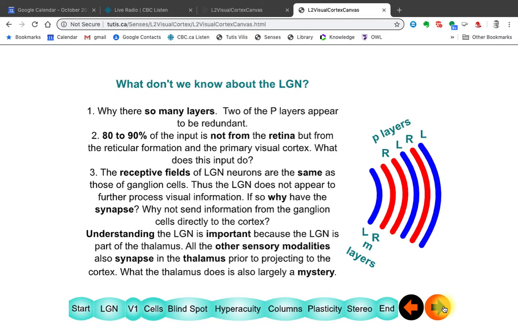The other surprising thing is that most of the signal to the LGN doesn't come from the eye, but from the brain itself, from the primary visual cortex.